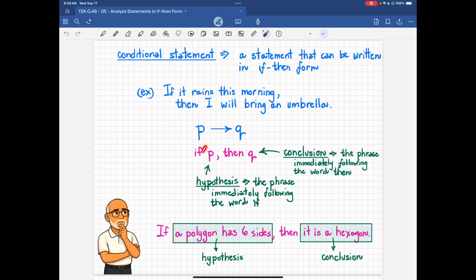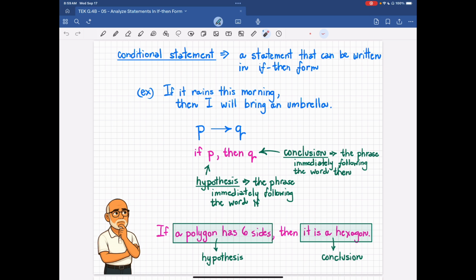Now, this P right here would be our hypothesis, and that's the phrase that immediately follows the word if. So if we're looking at our example up here, our hypothesis would be it rains this morning. Then Q is our conclusion, and it's the phrase that immediately follows the word then.